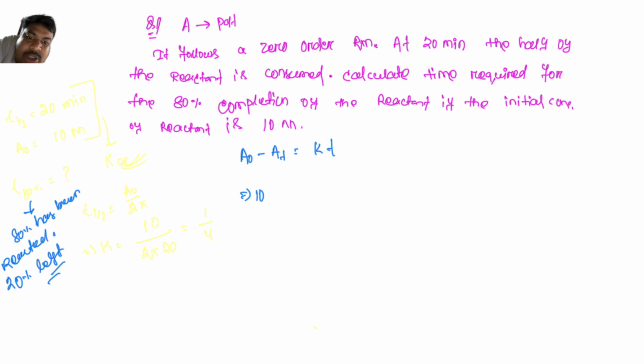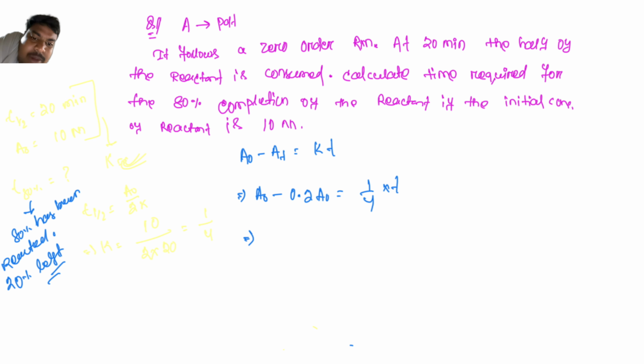A_t is 20% left, which is 0.2 A naught. So A naught minus 0.2 A naught equals k, which is 1 by 4, into t.